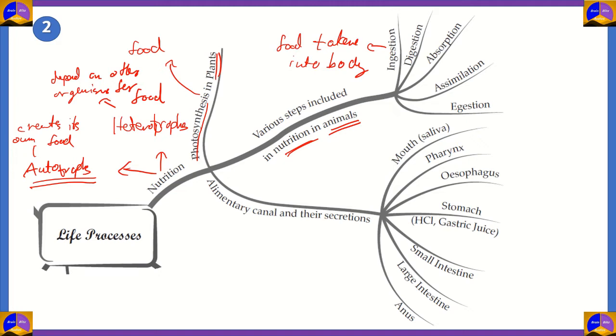And after that, we have a process called digestion. Digestion is where the food is broken down into smaller parts. So in humans, we have digestion taking place in the stomach, which converts proteins into peptides and amino acids.